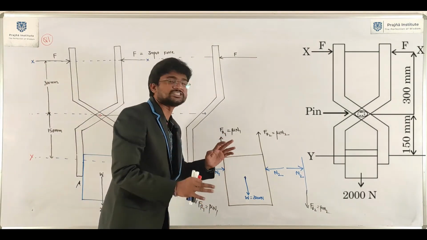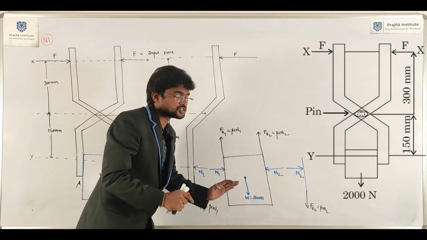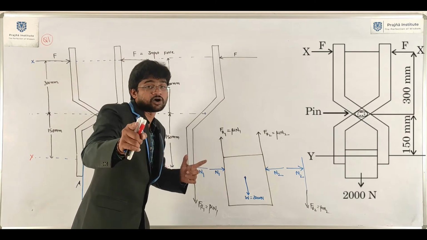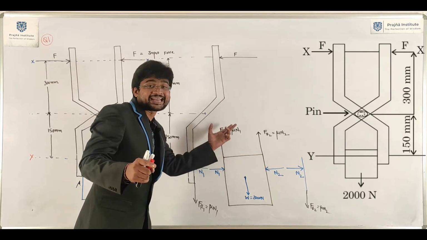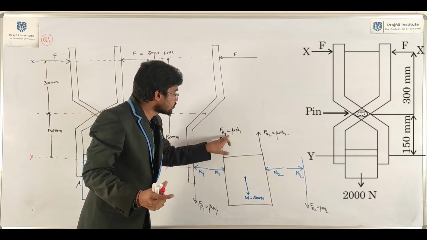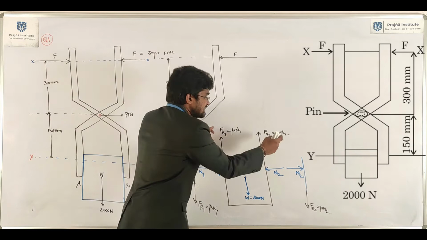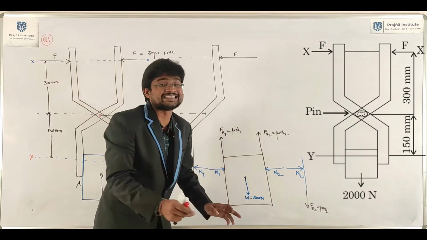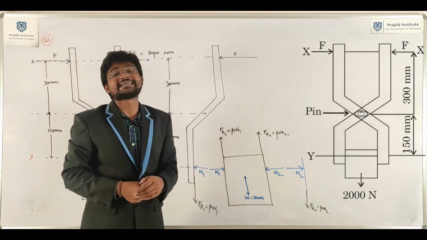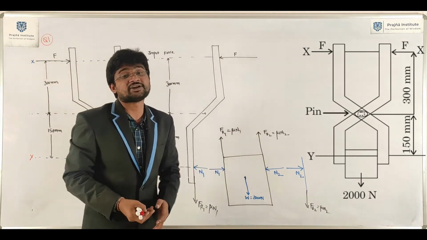That is why inertia force equals 0. But the block tries to move downward, so frictional resistance always acts opposite to the direction of that movement. So Fr1 equals mu into N1, Fr2 equals mu into N2. The block is in a static state, so you get static frictional force, but here we need to take the limiting friction value.